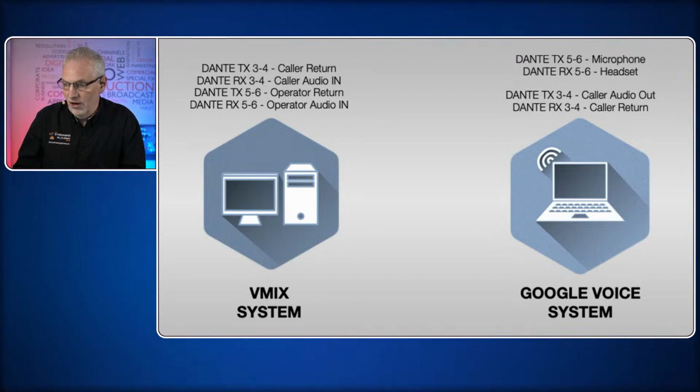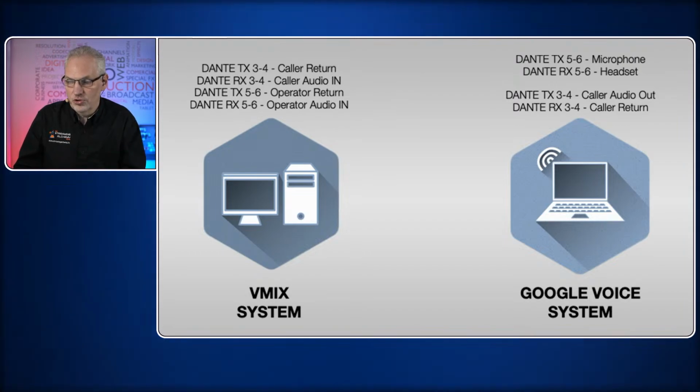Here on the Google Voice system, we're sending the audio out from the caller over 2 channels, and we're receiving audio that we send back to that remote caller across 2 channels. And we're also, as I mentioned, using Windows to transmit and receive the microphone headsets. And this gives me that open ability.